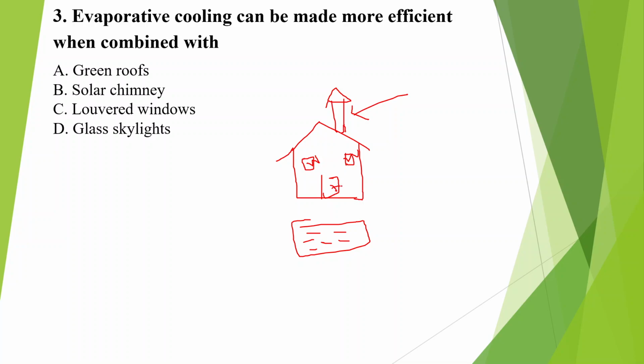These are the doors, let's say. So whenever the air will be coming, it will be entering, cooling, then after becoming hotter, the cool air will be coming, then the hotter air will be rising, and it will be going like this. So in this way, the evaporative cooling can be made more efficient.